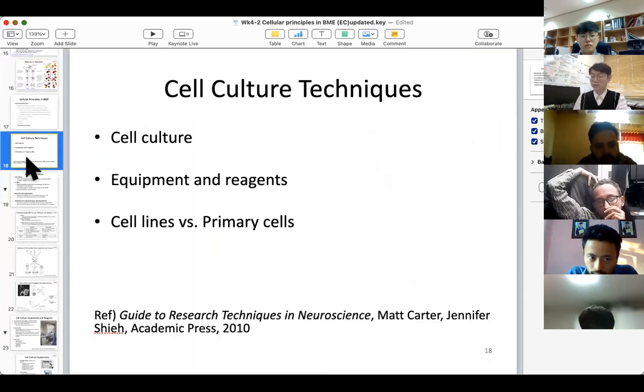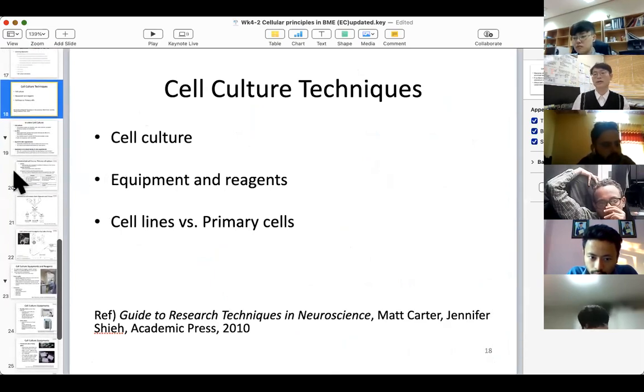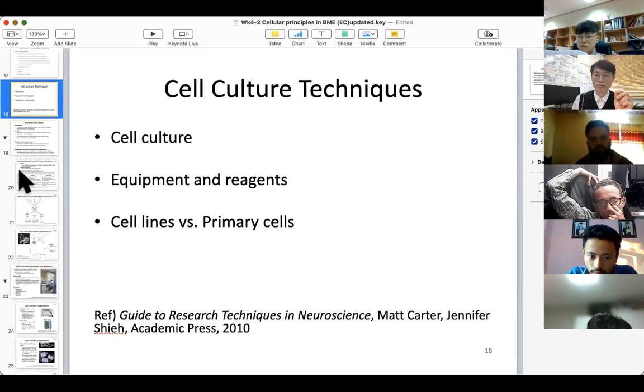Okay, so now the rest is cell culture techniques, and this I will cover a little fast. There are people who already do routine cell culture. There are people who have never done it, and I hope in our department, whenever you have a chance, try this out, cell culture technique. Why in BME?